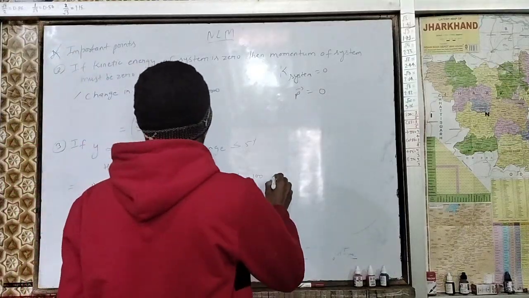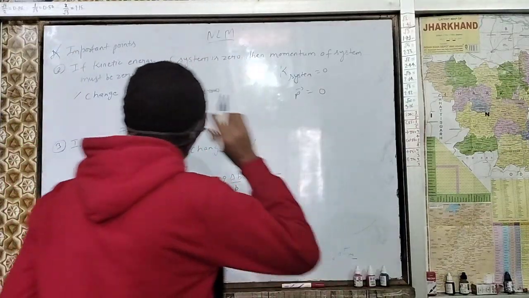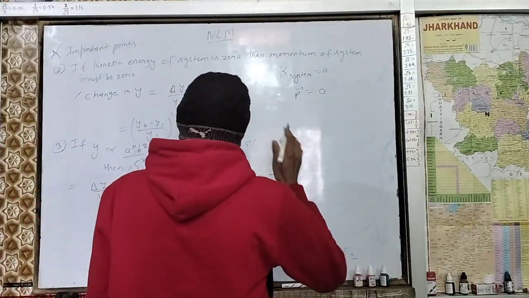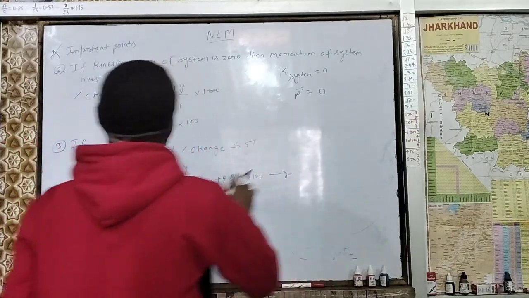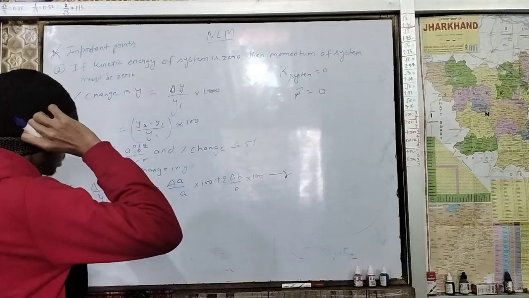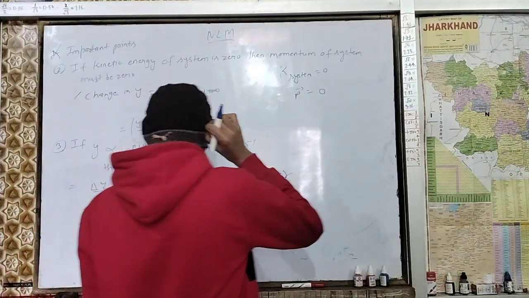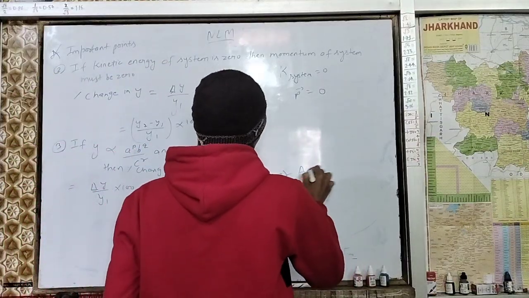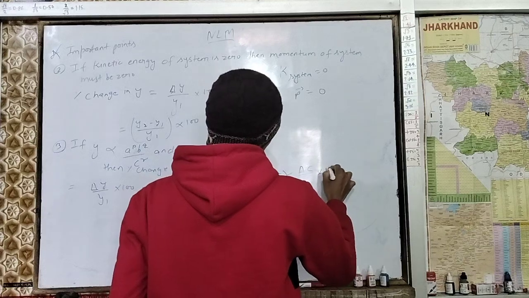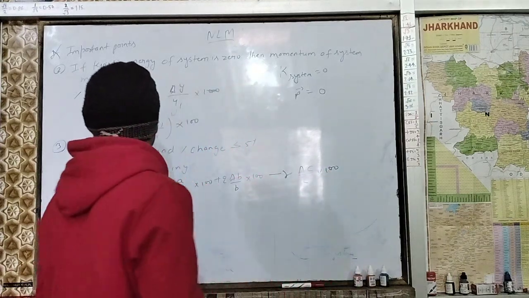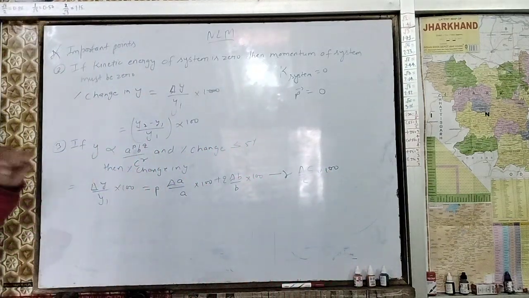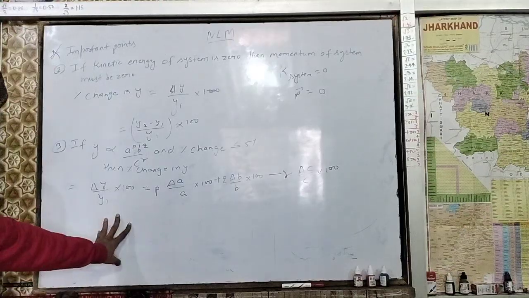For the denominator, we use minus because it is in the denominator: minus r delta c upon c multiplied by 100. That is how we write it for an equation like y directly proportional to A^p B^q upon C^r. Nothing is so difficult in this case.